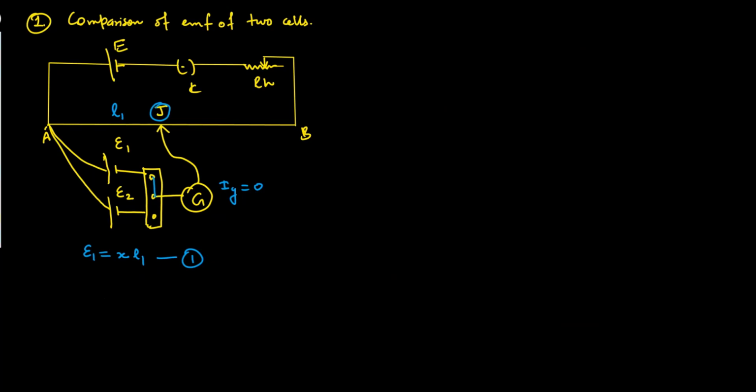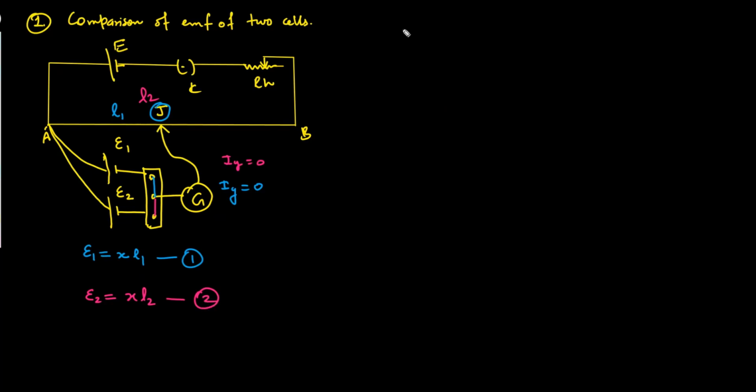Now we will remove this key between E1 and the galvanometer and join another key between E2 and the galvanometer. So again the current in the galvanometer is 0 but for a different balance length, let's say L2. So now E2 will be X L2. Let's say this is equation number 2.